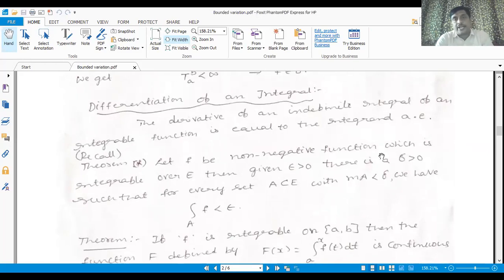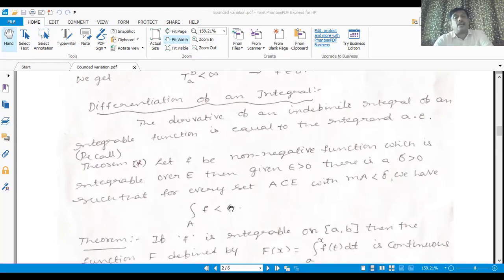Let f be a non-negative function which is integrable over E. If this condition holds, then given epsilon positive, there is a delta positive such that for every set A contained in E with the measure of A less than delta, we have that the integral of f over A is less than epsilon.